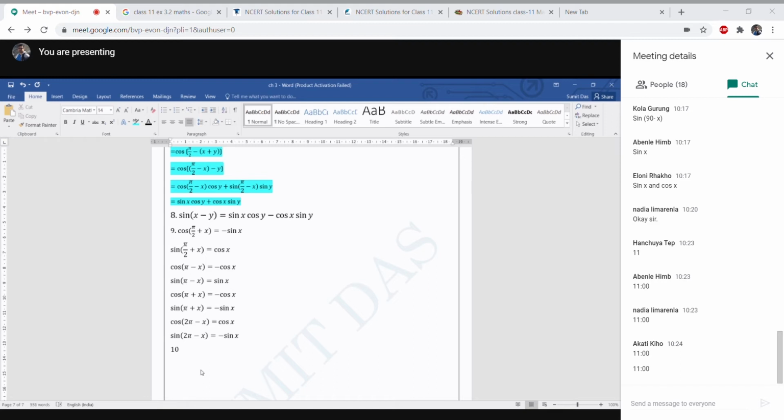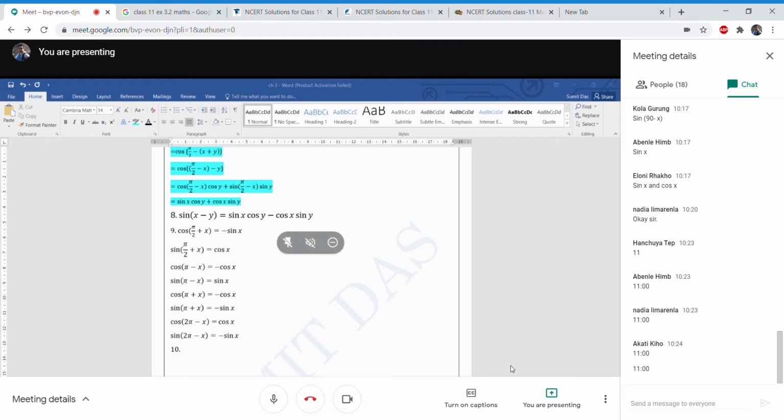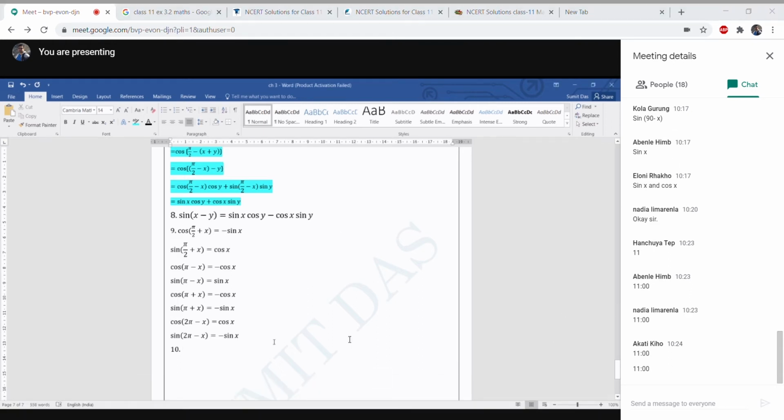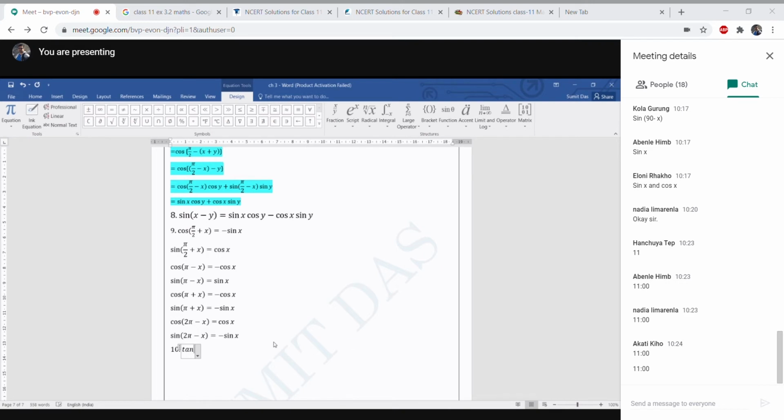Next, our very important formula is this, that is tan. We learned sine x plus y, cos x plus y. Now tan x plus y. Tan x plus y is a little bit different, equal to this.